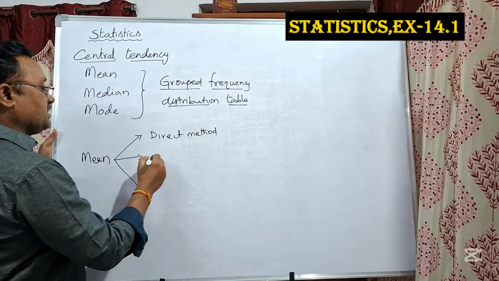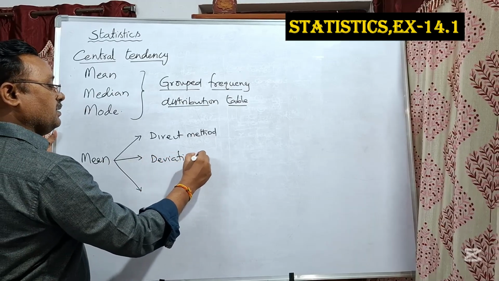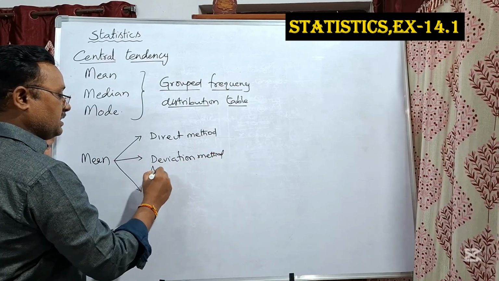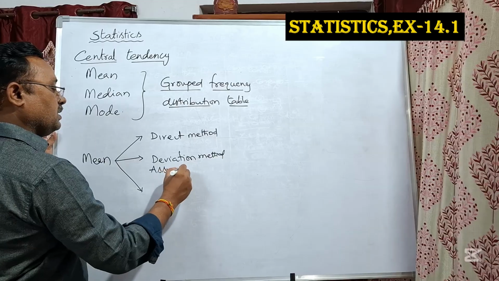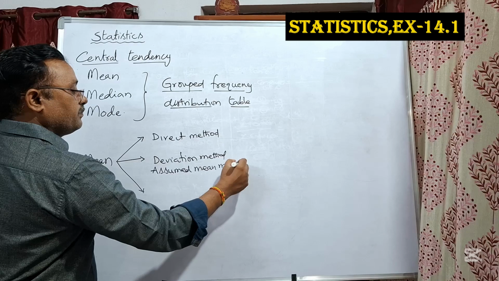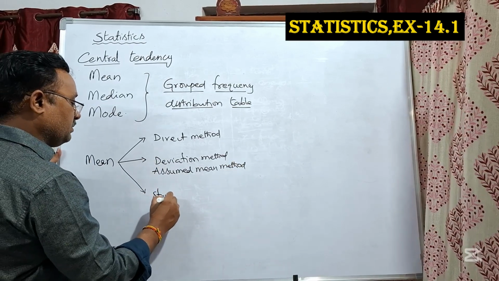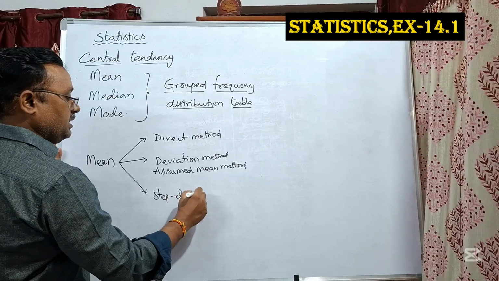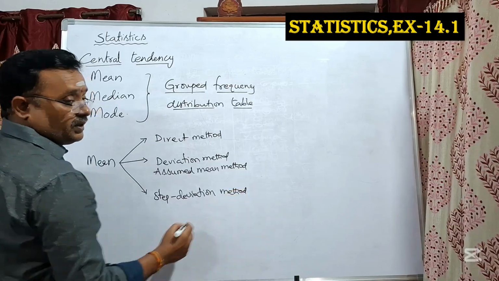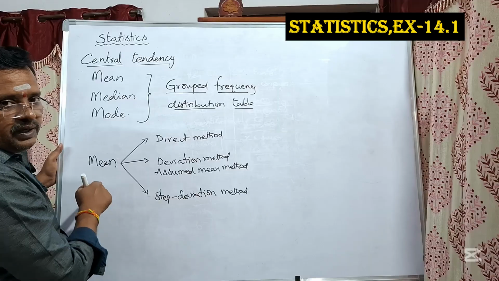The second one is the deviation method, also called the assumed mean method. The third one is the step deviation method. Understood? These are the different procedures to find the mean.